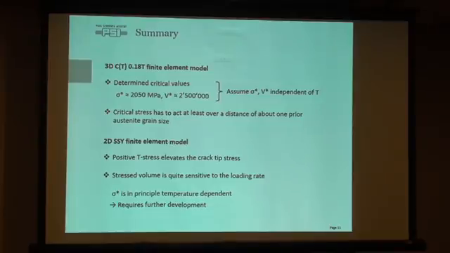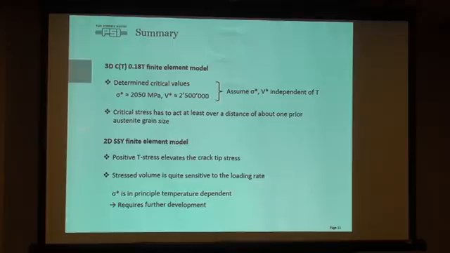What we have found so far is that we built those 3D models with a 0.18T specimen, and we determined some critical values, where we assume that those values are temperature independent in the range we investigated. Also, we found out that the critical stress has to act at least over a distance of about one prior austenite grain size.